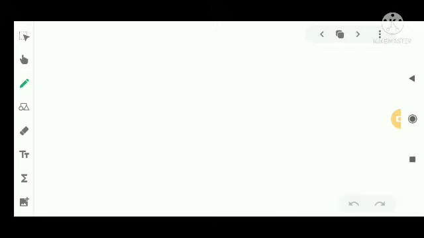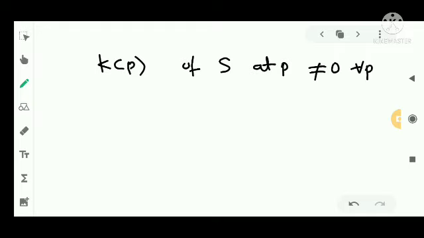Then we have the necessary part, that is, we suppose that the Gauss-Kronecker curvature K of P of the surface S at the point P is non-zero for every P belonging to S. We suppose that.